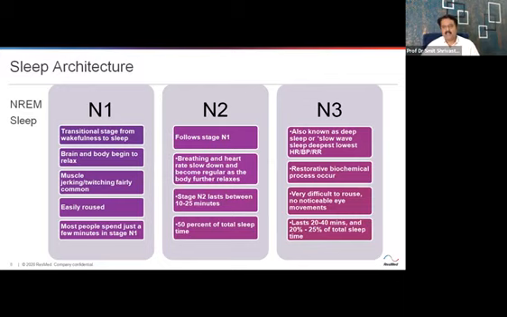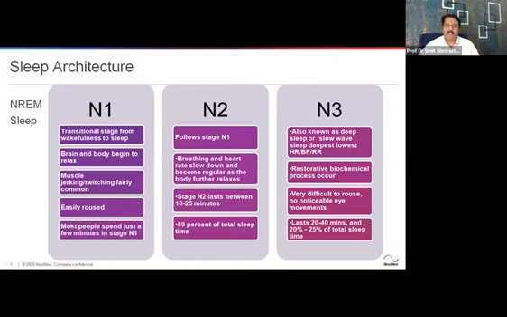Next is N3, which is also known as slow wave or deep sleep. Here, there is the lowest heart rate, blood pressure, and respiratory rate. And this is where restorative biochemical changes occur. This is the one which keeps you young and prevents you from getting old.